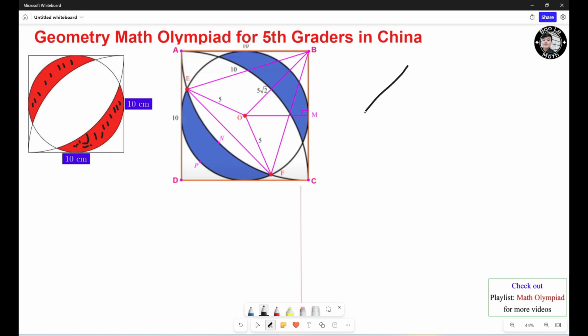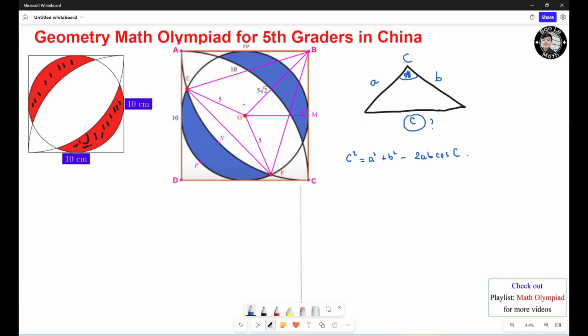Recall the law of cosine: if you are given this side length, this side length, and this angle, which we call angle C, then the side length c squared equals a squared plus b squared minus 2ab times the cosine of angle C. Keep that in mind, we're going to use this.